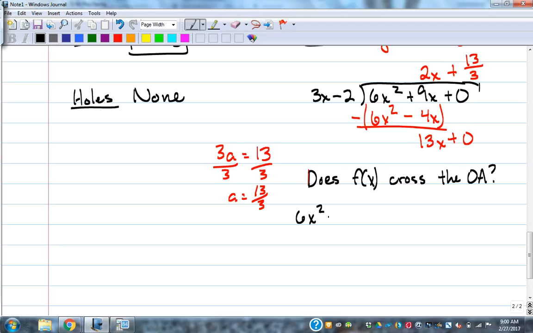I'm just going to go back to the original, since nothing's simplified, because I'll end up having to do that anyway. 6x squared plus 9x over 3x minus 2 equal to 2x plus 13 over 3. So I'm setting the function equal to the asymptote. So oblique this time.